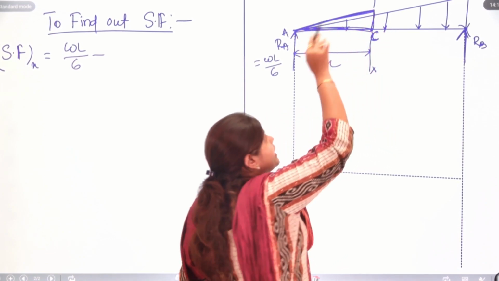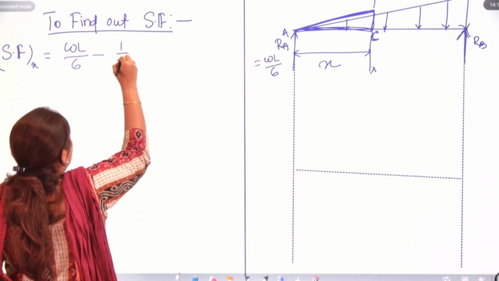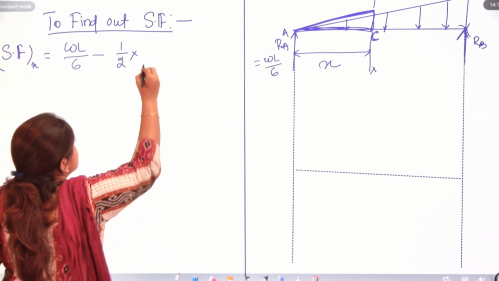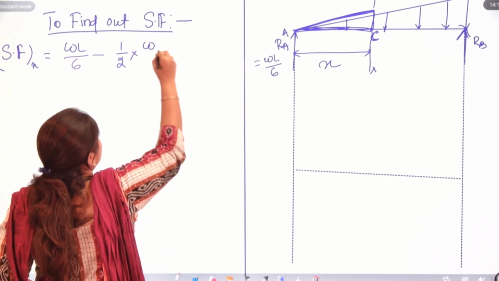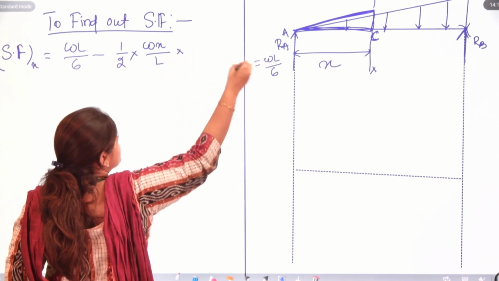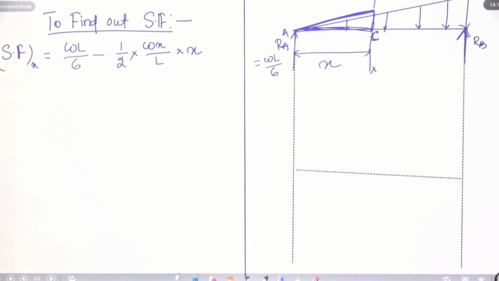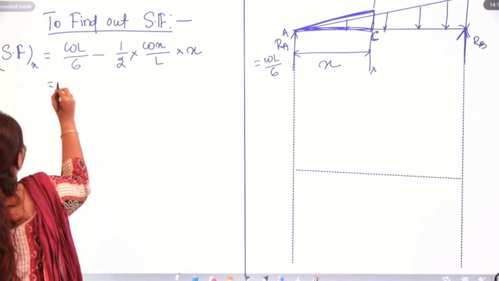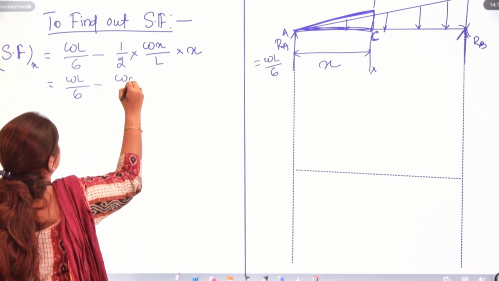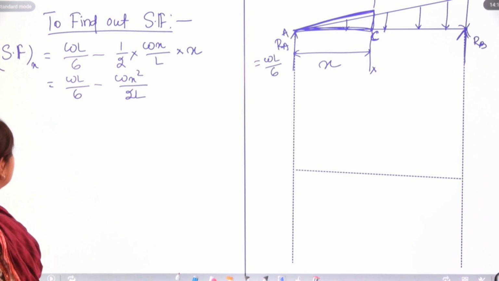Let's take the area first. The area will be half into W x by L into the distance, that is your x. Okay. So, here we have the equation for shear force, minus Wx square by 2L.